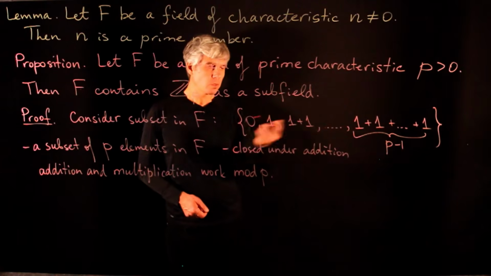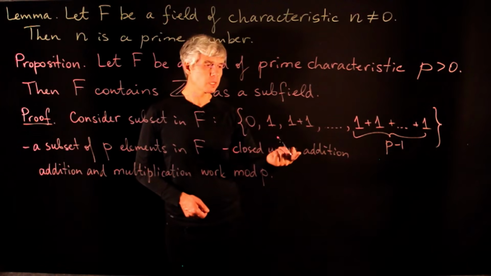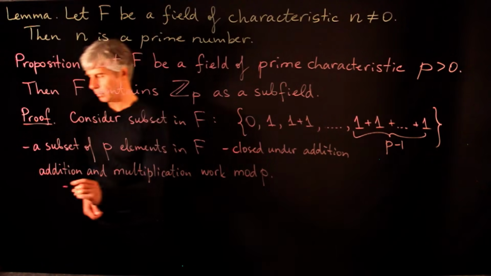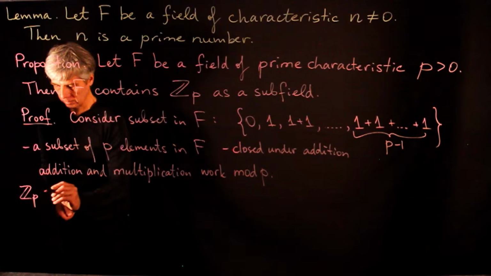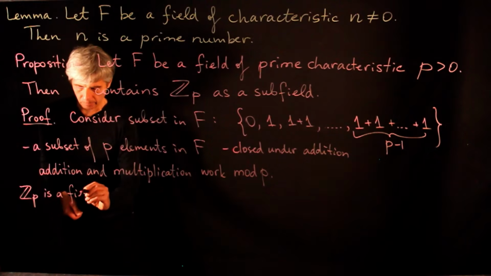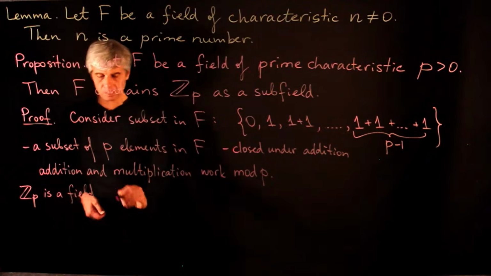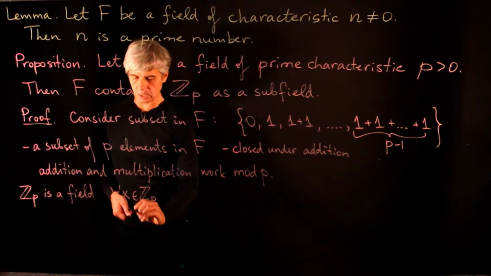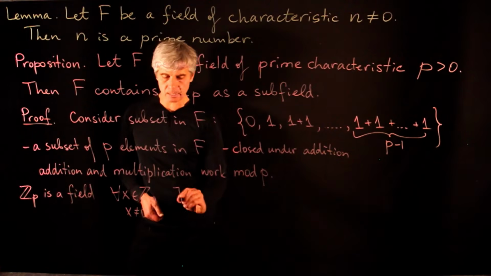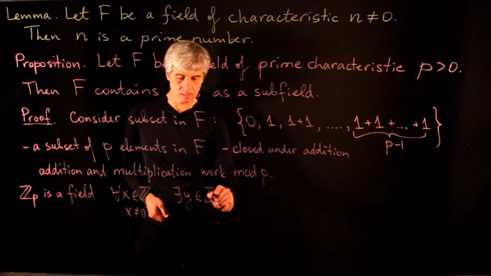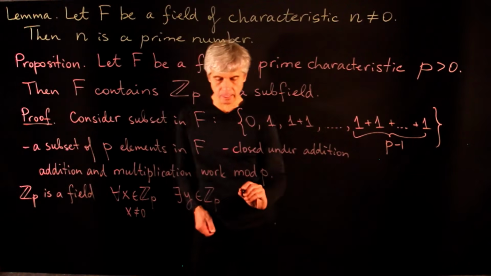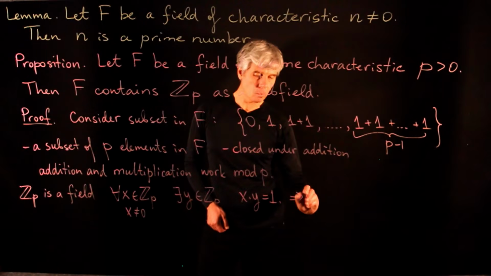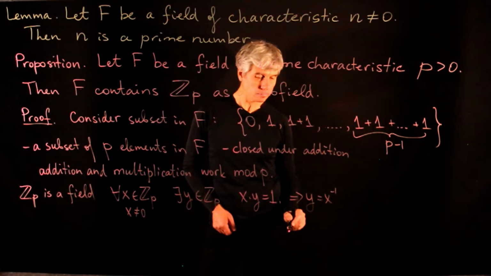But the only thing that we need to know is that this subset is closed under inverses, right? But what we know is that Zp is a field. And so this means that for every x in Zp which is not 0, there exists y in Zp such that x times y is equal to 1. But then this means that y is equal to x inverse.